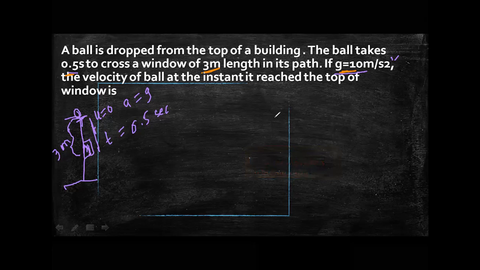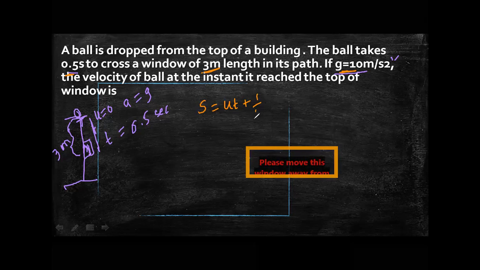Velocity is asked. So S is equal to ut plus, but here time is involved. So you should write a is equal to g. S is equal to ut plus half gt square.